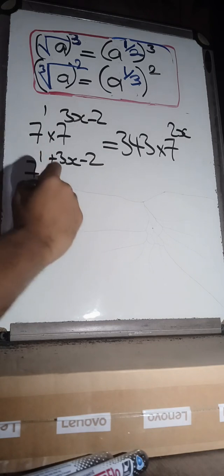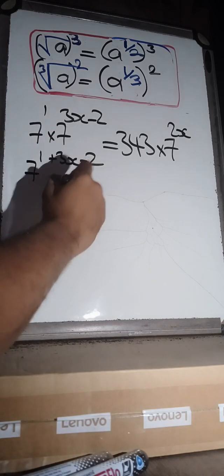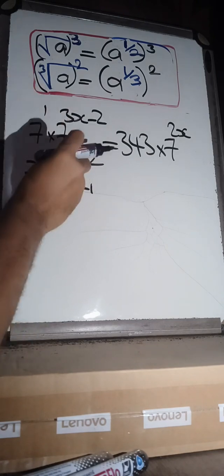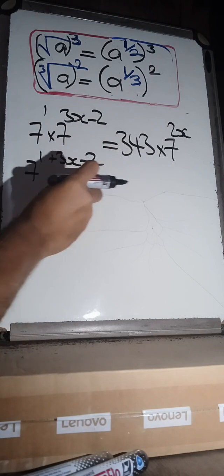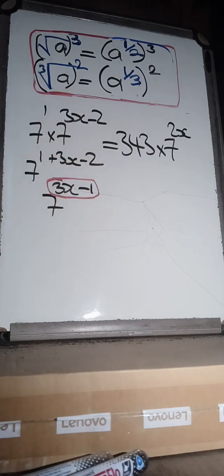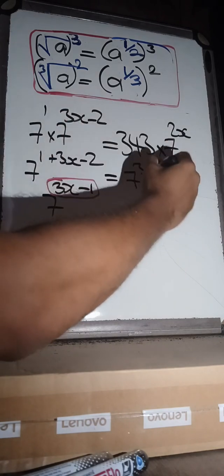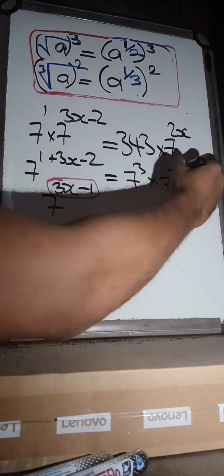We would have what? 7 to the 3x minus 1, right? Now this is 7 raised to the 3. Obviously that is 2x plus 3.